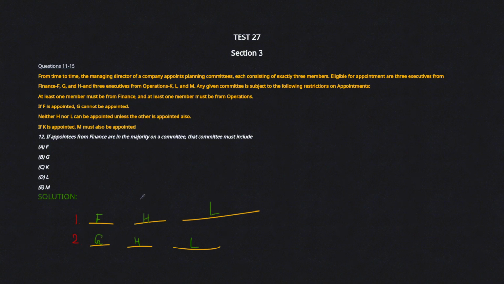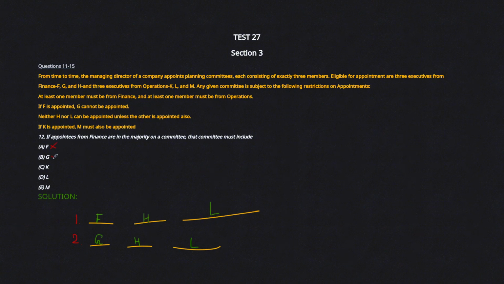So what we see here is that the first one is just changing. Once you have F, and the second time you have G, but the other two executives are staying the same. So now let's go to the options. The first one is F. It's not a must. We have already established that in one case we'll have F, in one case we can have G. So this one is crossed out.